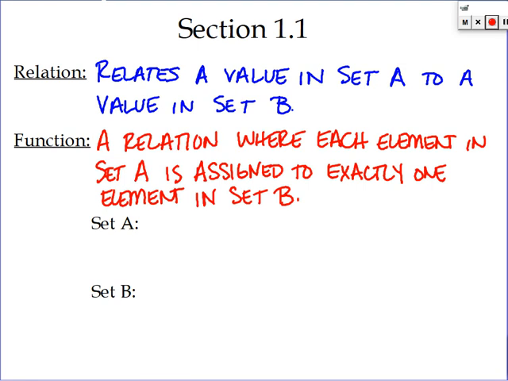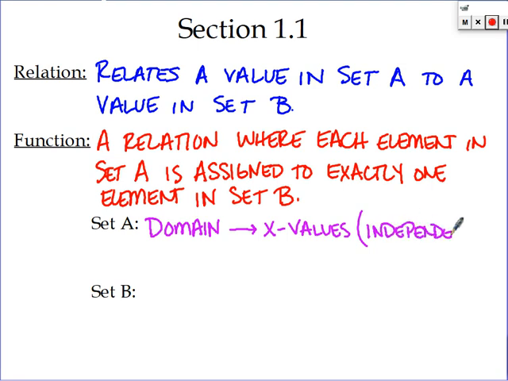Now, we know set A and set B as different terms. Set A would be our domain. That's what you're more used to hearing. And remember, domain are our x values. Or sometimes you might hear this being called the independent variable. And then that would make set B our range, or our y values.